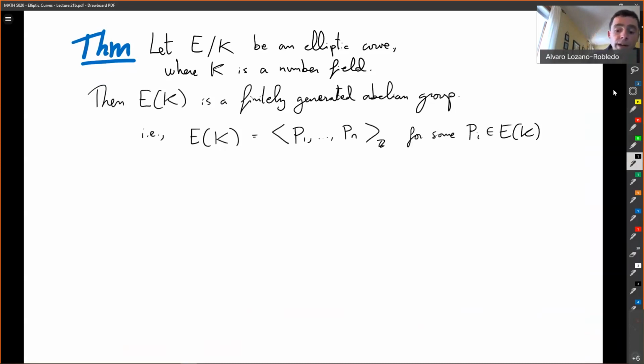Okay, but if you've had a course in abstract algebra, or a graduate course in abstract algebra, you hopefully arrive at the classification of finitely generated abelian groups.